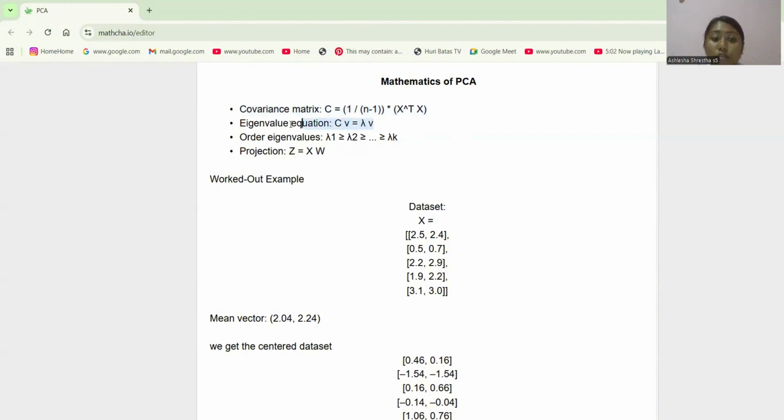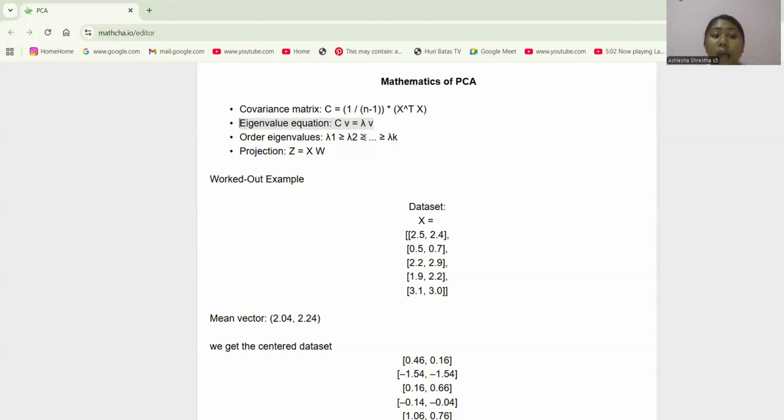So next we have the eigen equation. We solve the eigen equation Cv equals lambda v, where lambda are the eigenvalues and v are the eigenvectors. These eigenvectors represent the directions of maximum variance, while the eigenvalues represent the magnitude of that variance.